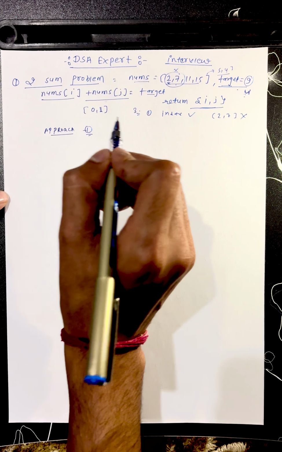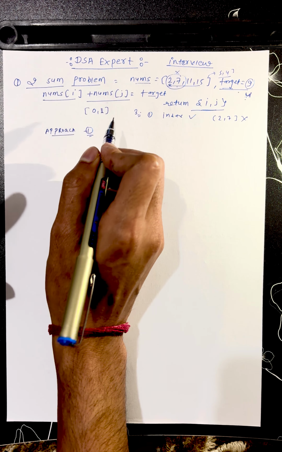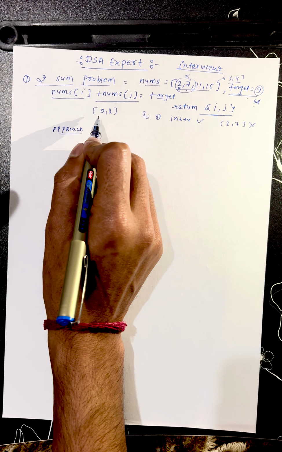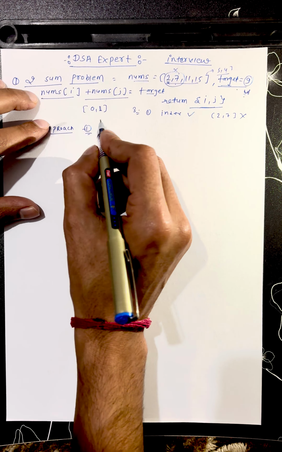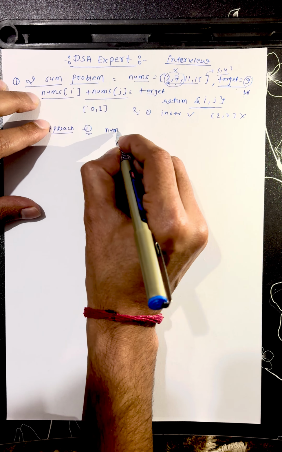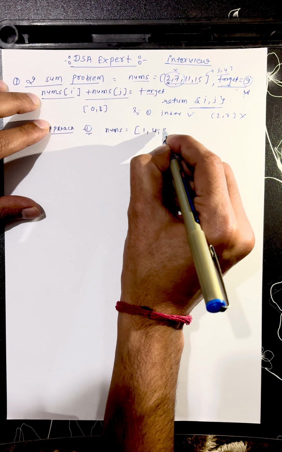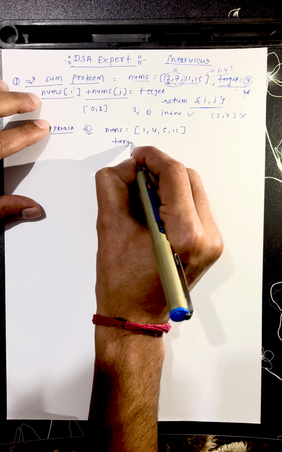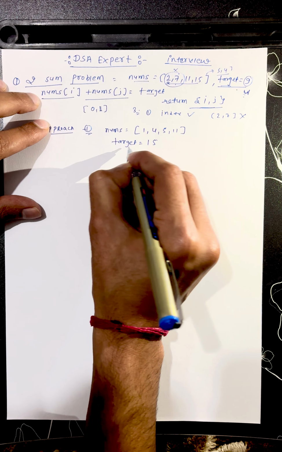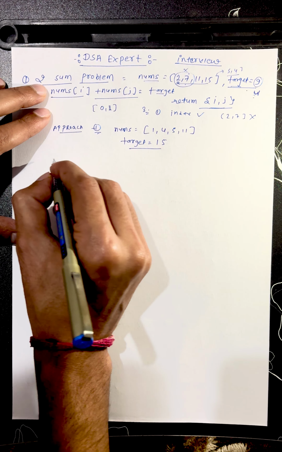For each element we try all the remaining elements, and if the pair adds up to the target, we will return the indices. How I am explaining: if we have nums equal to 1, 4, 5, 11, and the target equal to 15, we will check all the pairs.